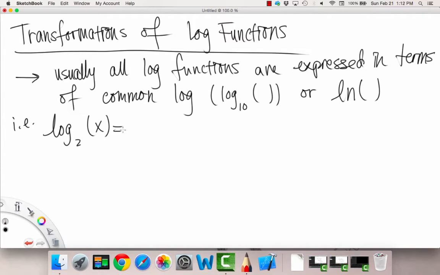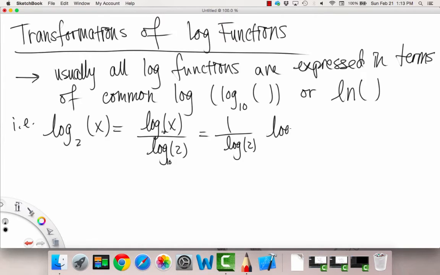So we can rearrange this using the change of base formula, or the change of base property, right, and say that this is the same thing as saying, well, log of x over log of 2, and this is using the common base of 10 for each of these, so then we just have 1 over log base 10 of 2 times log of x, and this thing here is just a constant.